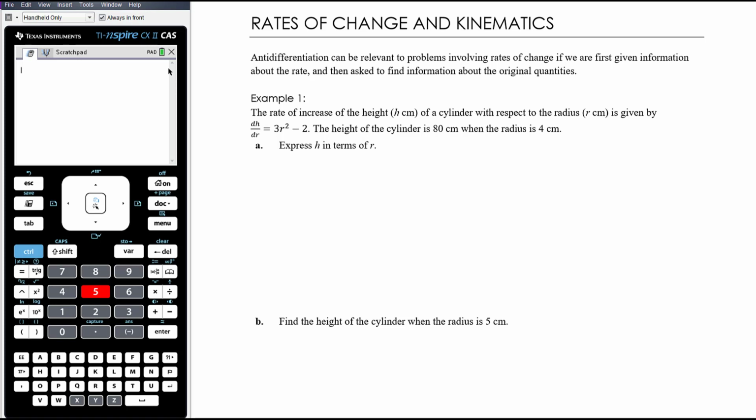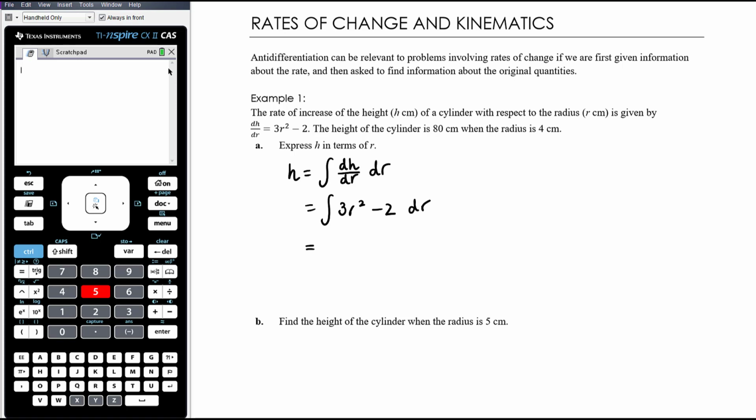Okay, so the first part of the question is to express h in terms of r. So we've got the derivative of h and we want to get h. And so we know h will be the antiderivative of the derivative. Now we're differentiating with respect to r, so therefore we anti-differentiate with respect to r, not with respect to x this time. So that means we're anti-differentiating 3r squared minus 2 with respect to r.